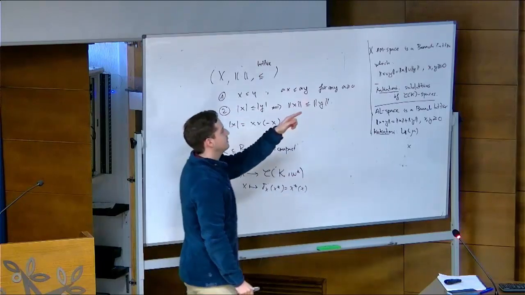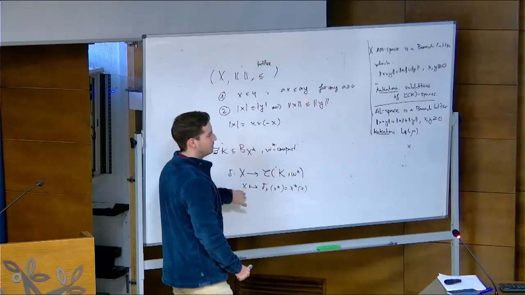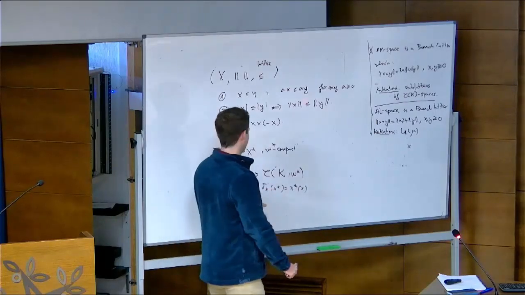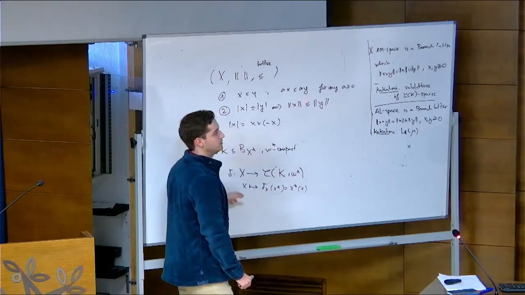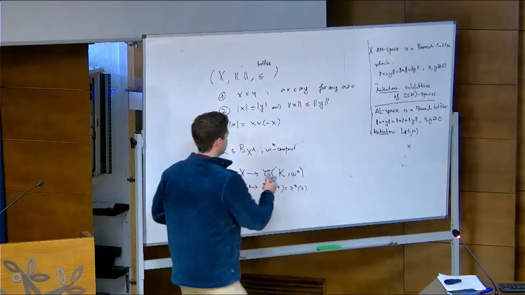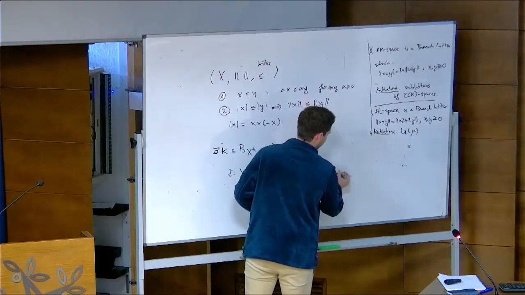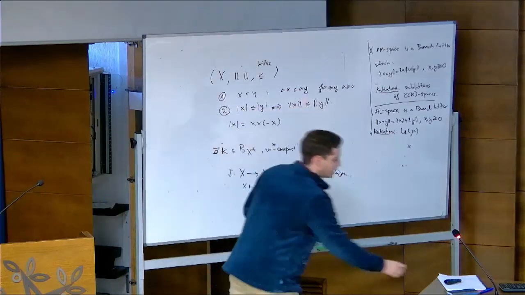The first condition, K is norming, is that this map is bounded below. And the second condition is that this map is surjective. So this is a characterization of being an isomorphism.